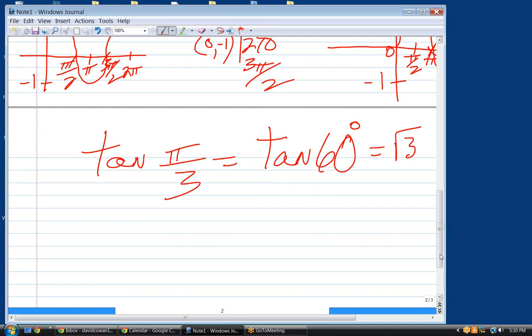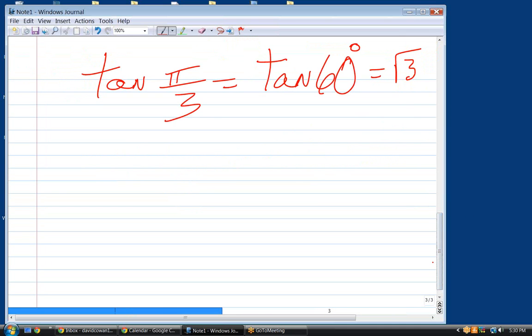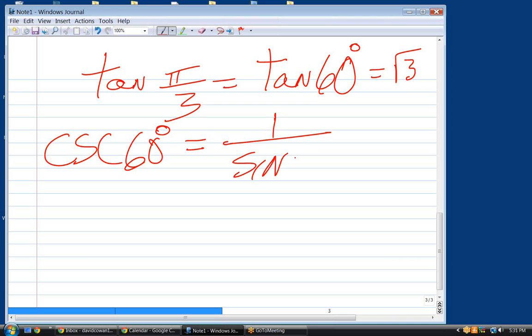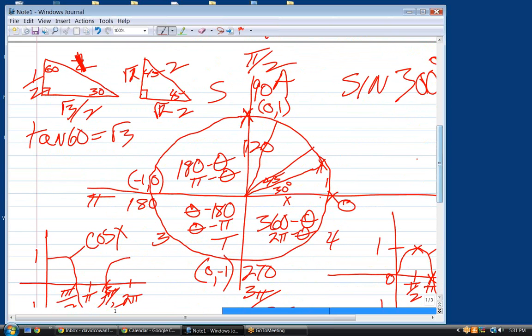Okay, what else? Then there's cosecant of 60. That is the same as 1 over the sine of 60. What's the sine of 60? Sine of 60 is opposite over hypotenuse, which is, for me, root 3 over 2 over 1.